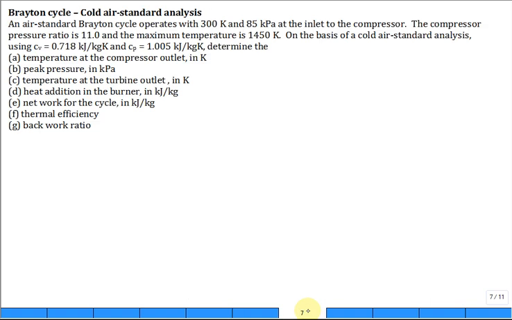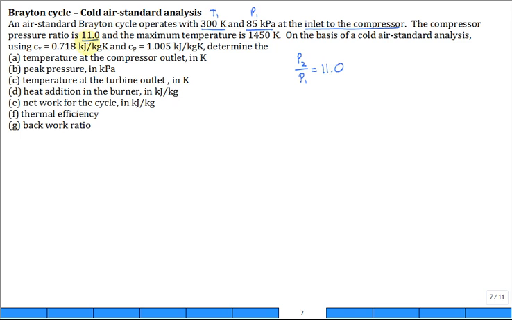So we can solve another problem. Here we have an air standard Brayton cycle operating with 300 Kelvin and 85 kilopascal at the inlet to the compressor. So that's T1 and P1 specified. The compressor pressure ratio is 11, so P2 divided by P1 is 11.0.